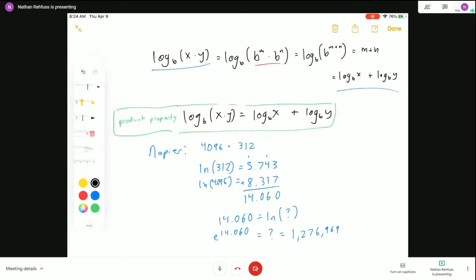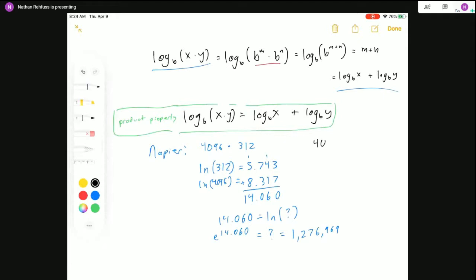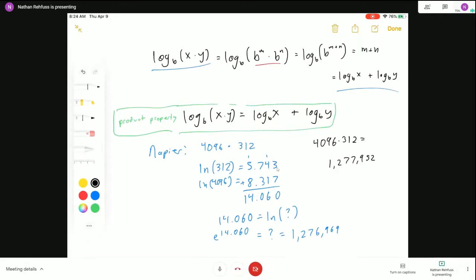As a matter of fact, the true answer for 4,096 times 312 turns out to be 1,277,952. So sadly, I was off by almost 1,000, but that's what I deserve for only using 3 decimal places. I should have used 5 or 6 decimal places, and then I would have the exact answer.